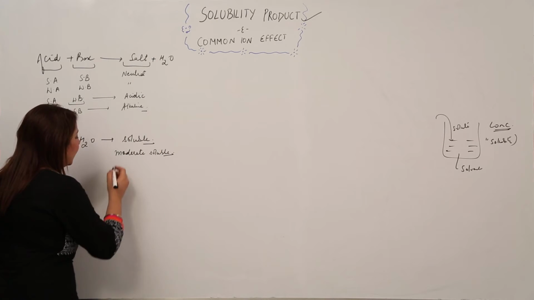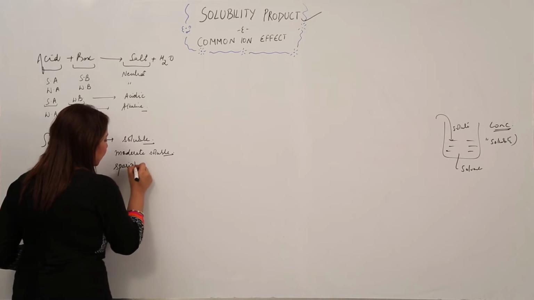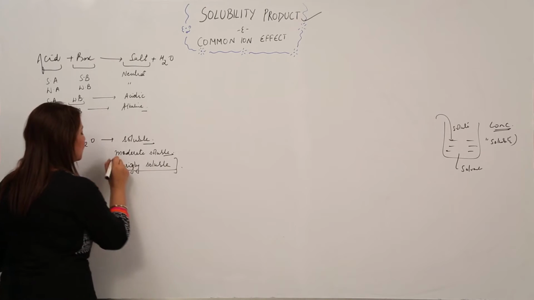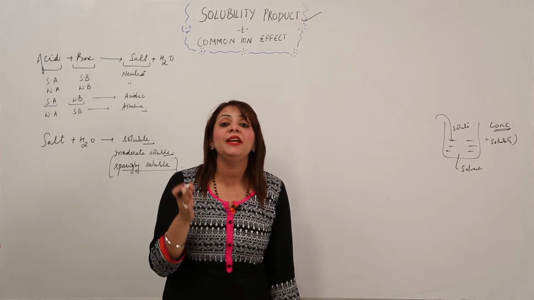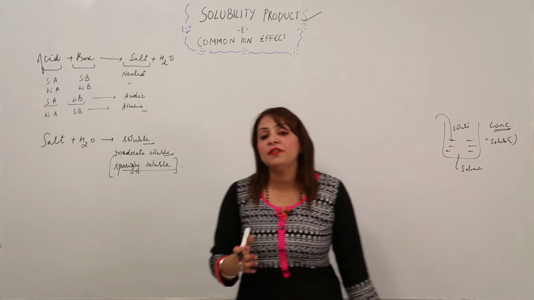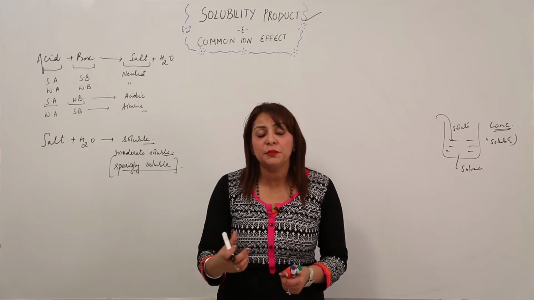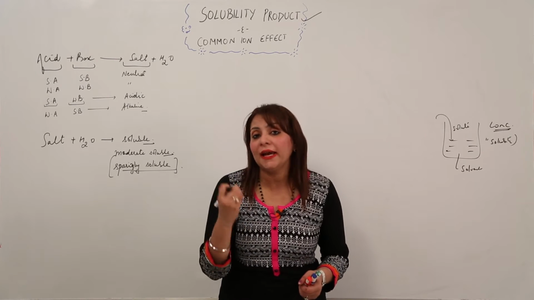And we also get sparingly soluble salts. What do you mean by the term sparingly soluble? That means their solubility is very, very less, right? When we dissolve them in water, they don't get dissolved 100%. They get dissolved only up to a small extent, right?